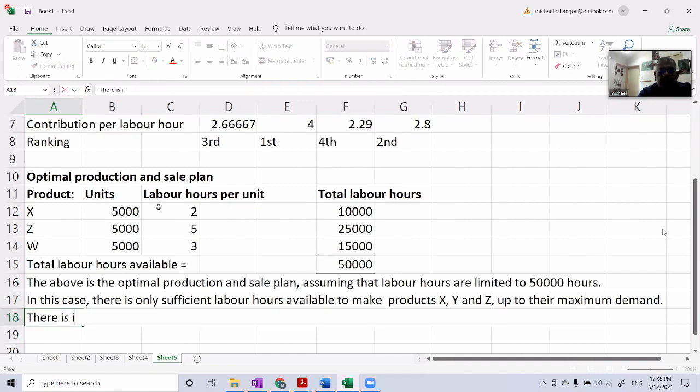There is insufficient labor hours available to make product Y.